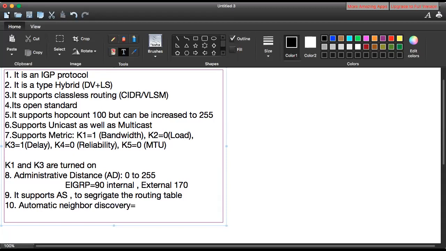By sending a hello packet every 5 seconds, and the hold time is going to be 15 seconds.